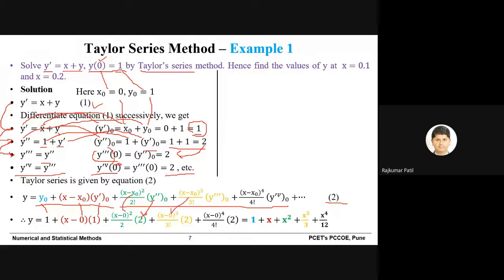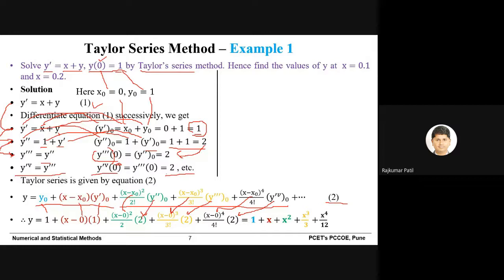For understanding purposes, I provided different colors to different segments of the equation so that you can understand how we can put known values into the Taylor series equation and simplify that equation.